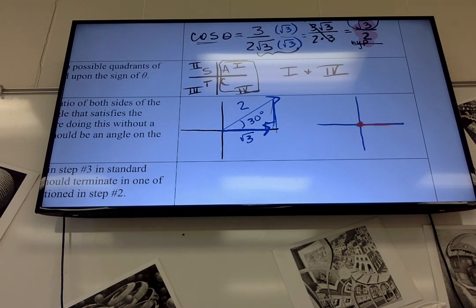And then I need the next one to be in quadrant 4.